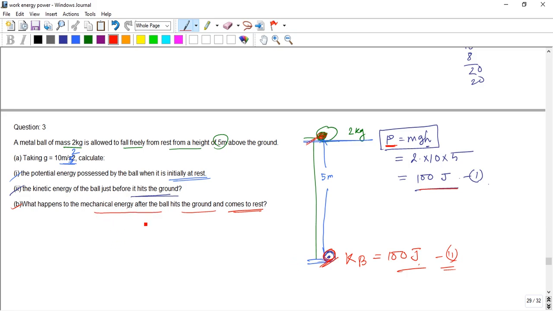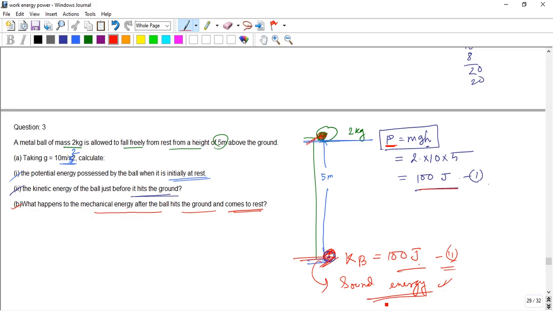Some of it is converted. If a ball or stone hits the ground, it produces sound energy. We know that if I throw a stone and it hits the ground, we get some sound.